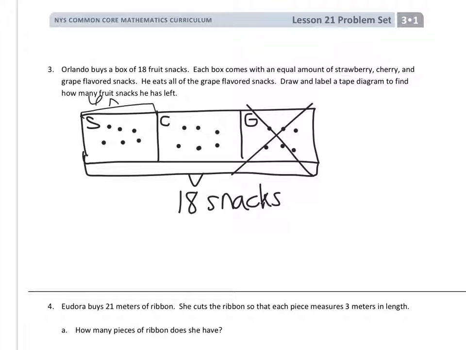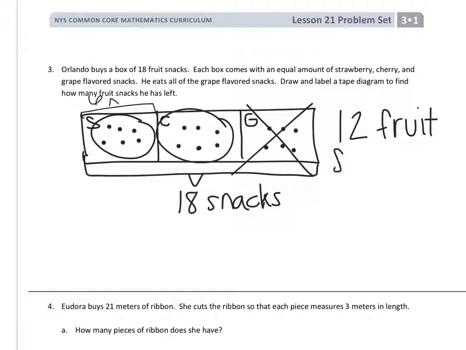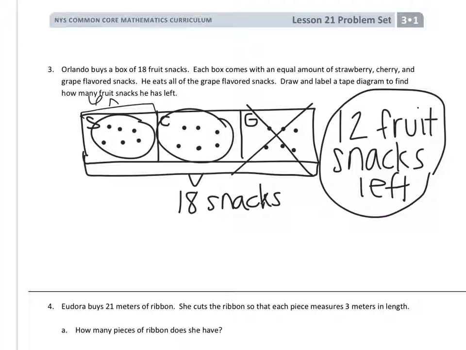How many fruit snacks does he have left? 6, 12. He has 12 fruit snacks left. Remember, we always circle our answer.